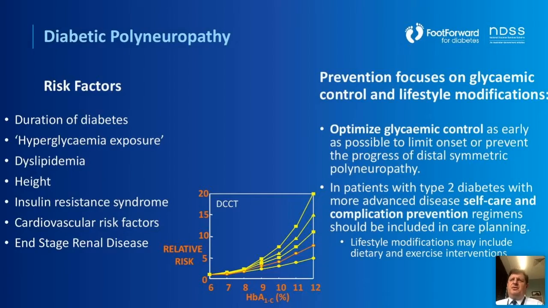And for people with type 2 diabetes in particular, but also in type 1, we focus on lipids and blood pressure, with less evidence that we can prevent the progression and onset of neuropathy, but because of the holistic approach, particularly with cardiovascular complications.